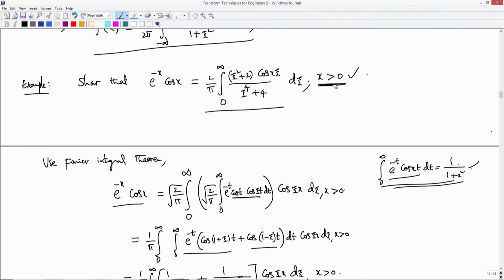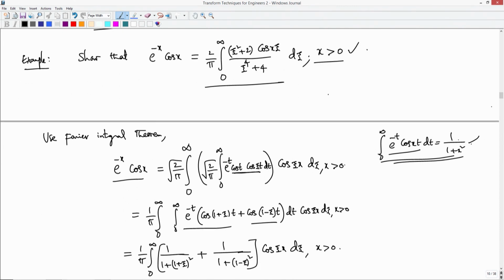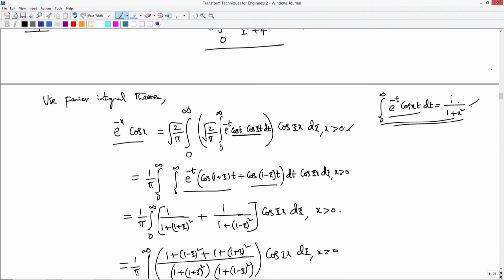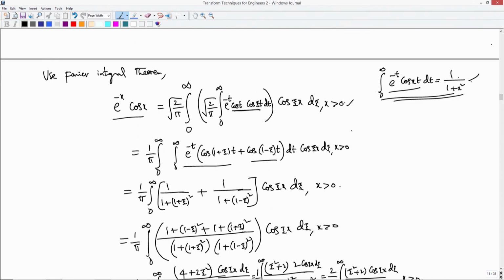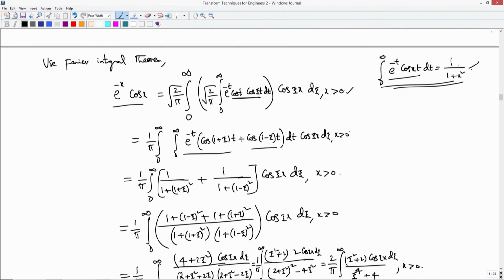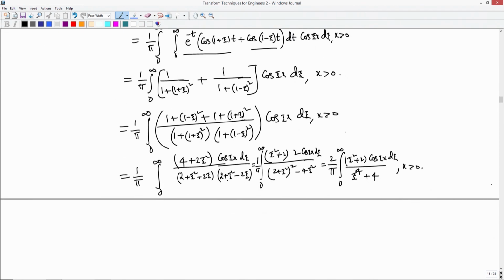But in the other case, when it is defined only on one side, you can extend it as an even function or odd function. Because it is given for x positive, you can extend this as an even function and then use the Fourier cosine integral theorem, the Fourier integral theorem in terms of cosines. If you use that, you can show this one. That is how we have done this.